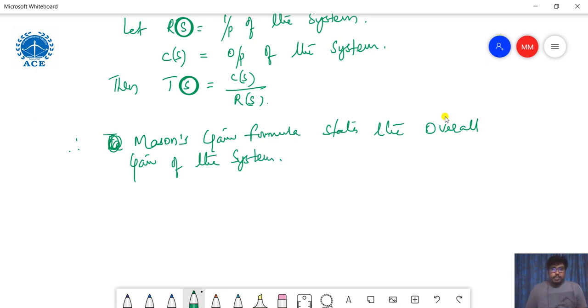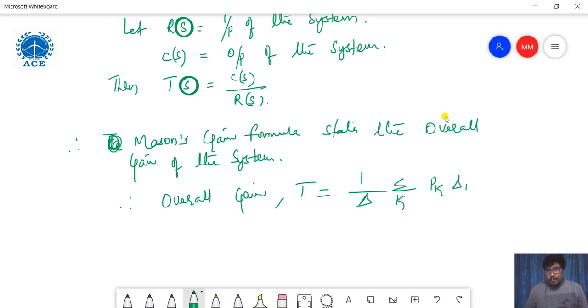The overall gain I am taking as T is equal to 1 by delta, summation of Pk delta k.